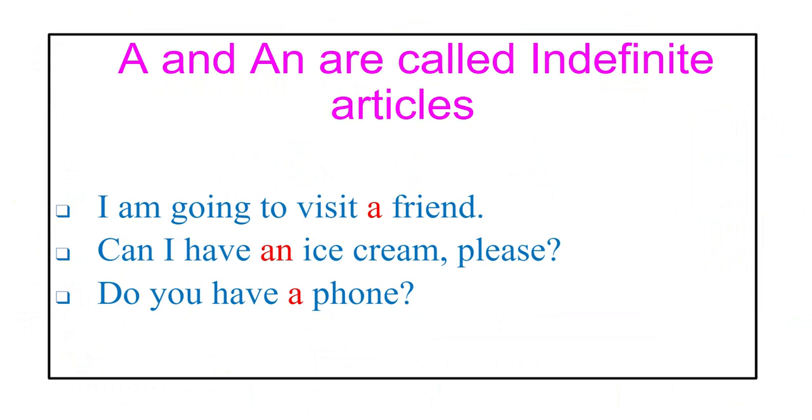Can I have an ice cream? Here we are asking for an ice cream, not specifying which ice cream we need. So a and an are used before friend, ice cream, phone. All are common nouns.